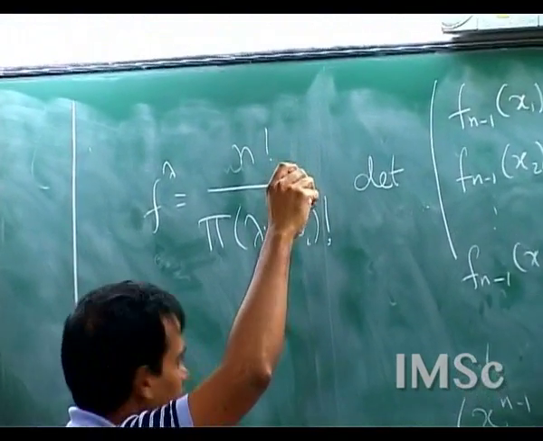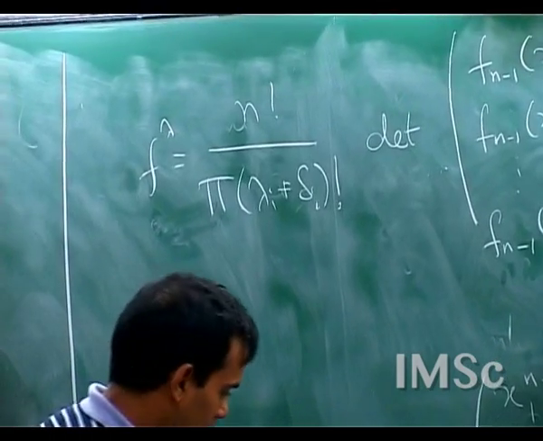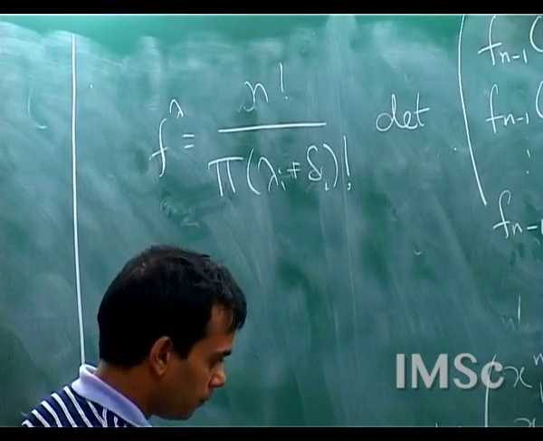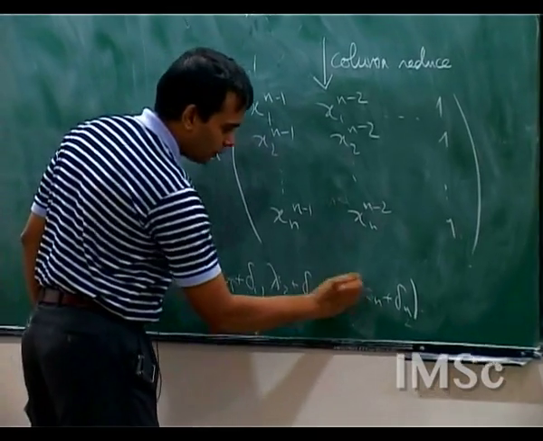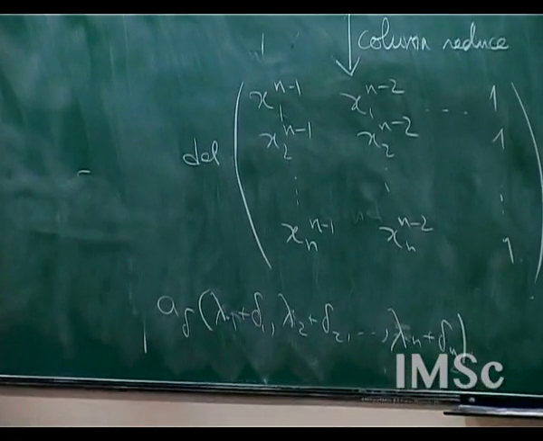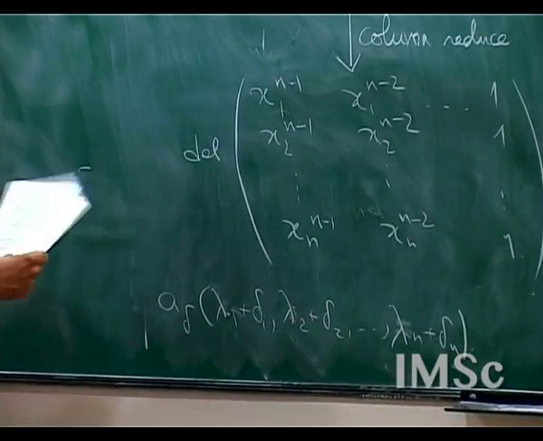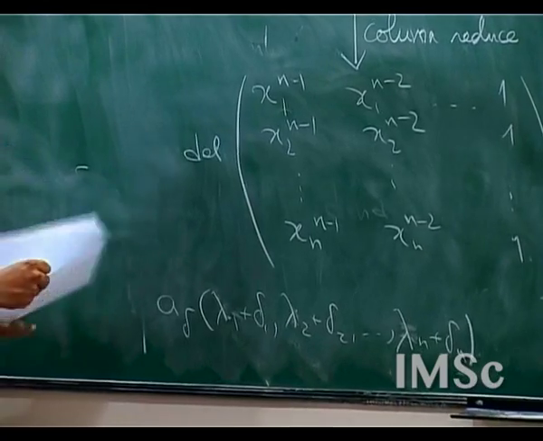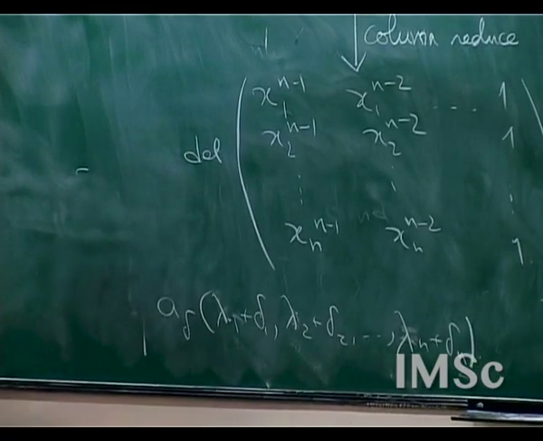You mean lambda 1 and lambda 2. Yeah, this should be lambda 1, lambda 2, lambda n, and yeah, that's it.